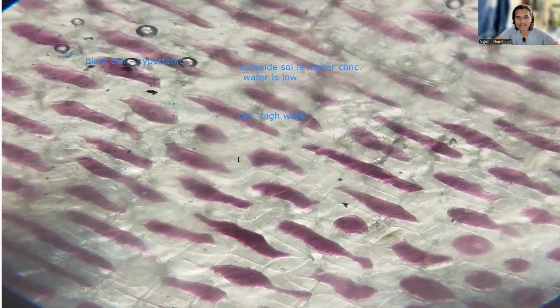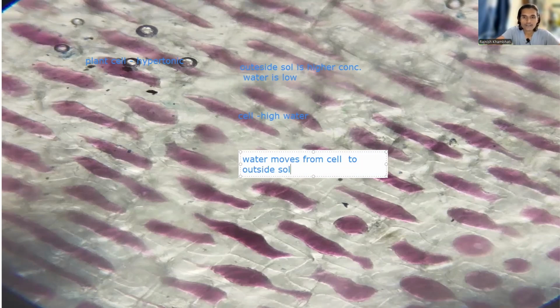So basically, water moves in to out, means from the cell to the outside solution.